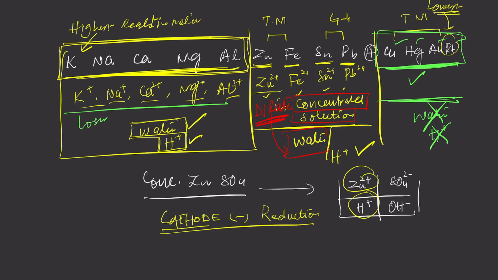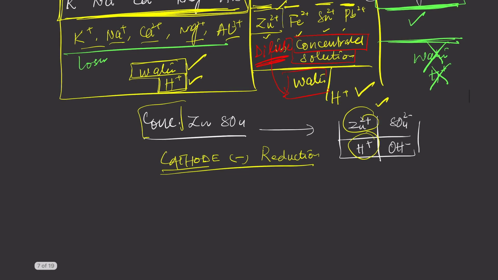Zinc is present in the middle compartment, and the solution is concentrated, so the winner will be zinc. These zinc ion, iron ion, tin ion, and lead ion, these 4 ions will be winners if they are in high concentration. So zinc 2 positive will approach the cathode first. Zinc 2 positive ion will receive 2 moles of electrons, and it will deposit as a silvery gray metal on the cathode.